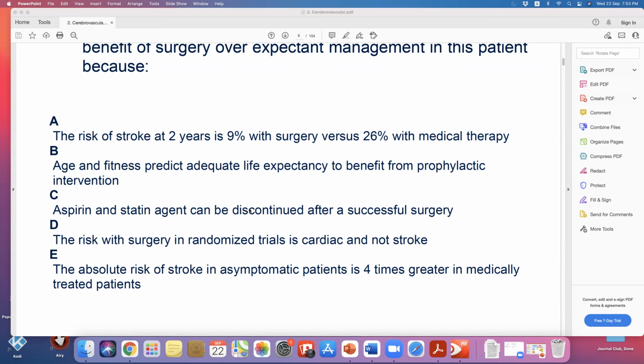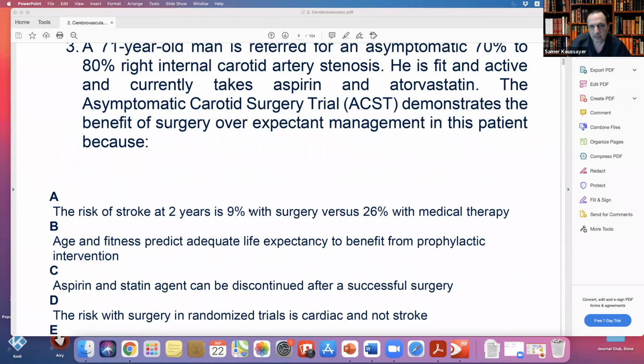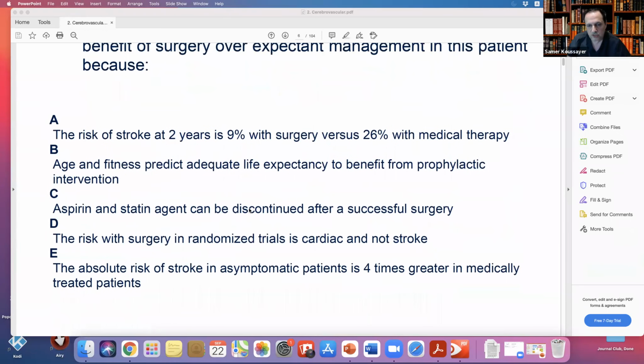Yes. The risk with surgery in the randomized trial is cardiac and not stroke. What I remember is stroke, death, and MI. Correct, this is a new trial. What they're talking about, ACAST, is from 1995. We as surgeons just looked at the stroke.